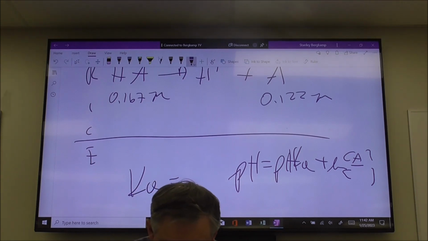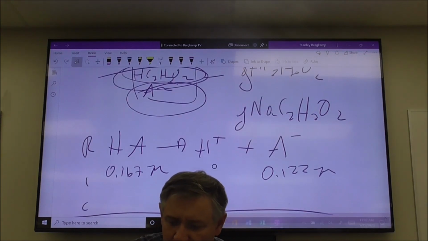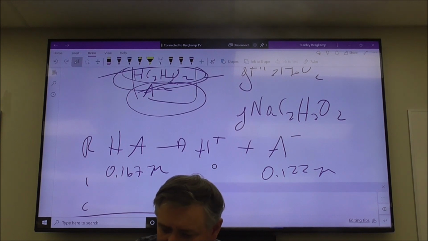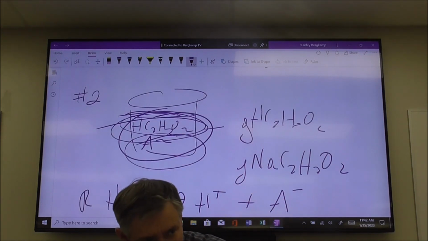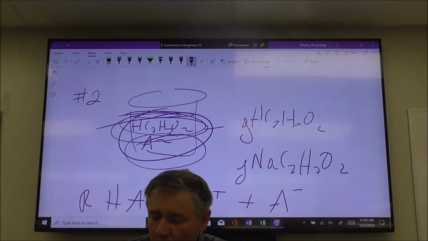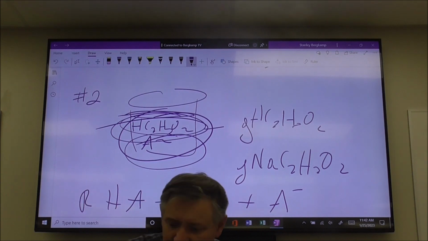Now here's what's going to happen on B. For the net ionic equation, we're going to add sodium hydroxide to the solution. So again, you have to understand that you're going to have two things swimming around in here: the acid and the anion. What's the hydroxide going to react with? The acid. Yes.